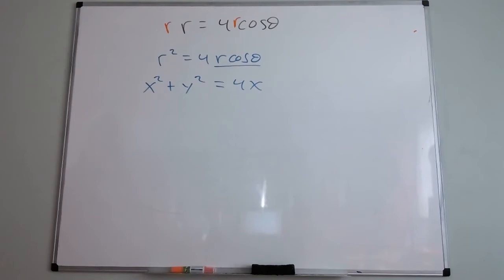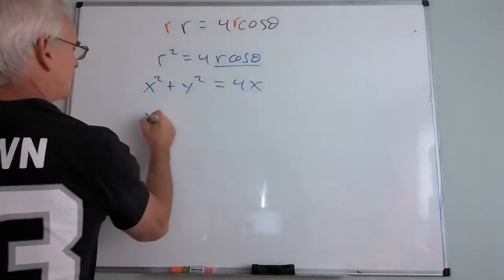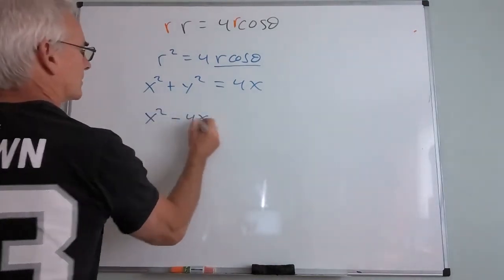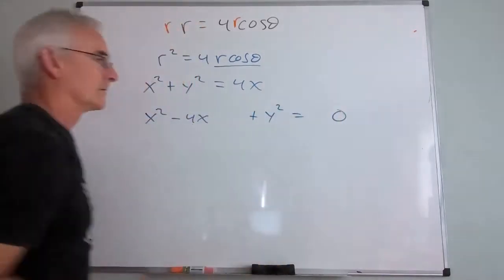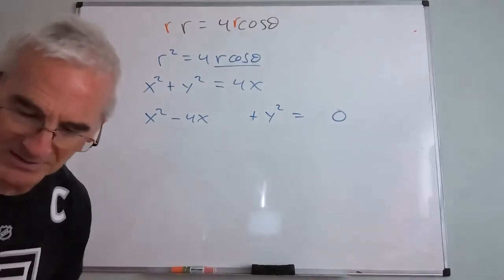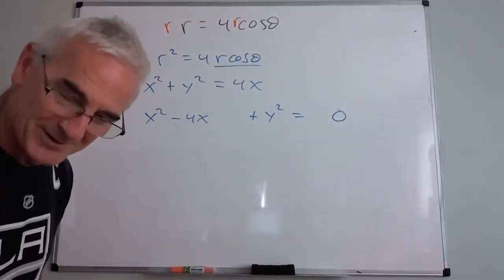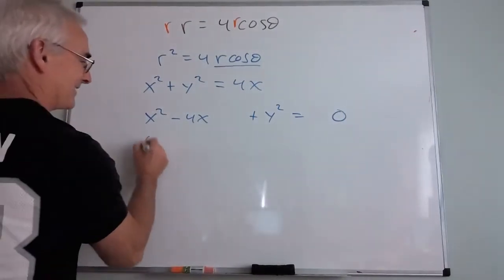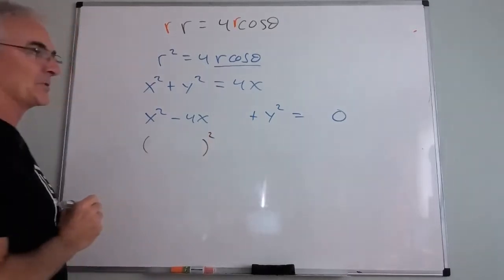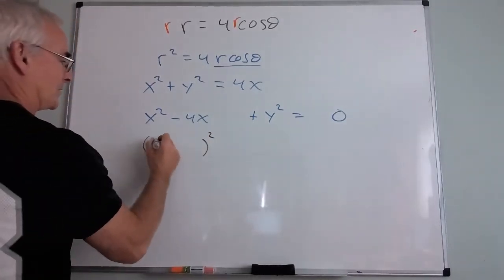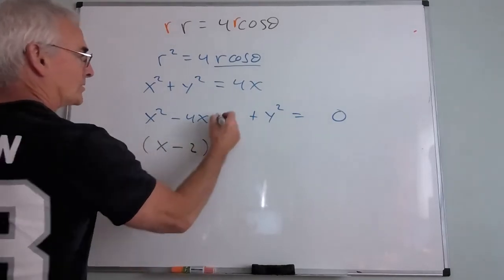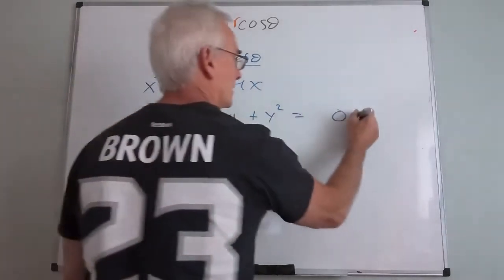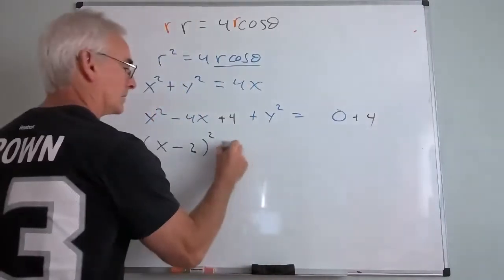What is that? How about if I do this? I left a little space there. What's that little space for? Let's complete the square. So this would be X minus 2, so I need a plus 4 plus 4.